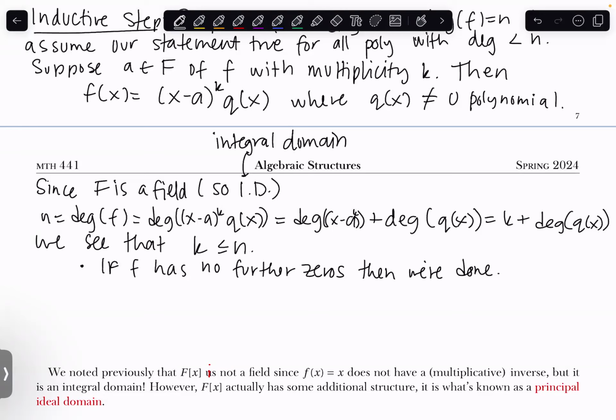But now I need to think, what happens if I have more zeros? Let's say little b instead of little a was another zero. I need to think, how many more can I have? And what will the multiplicity there look like? I want to make sure that when I add it up, it's still less than or equal to n.